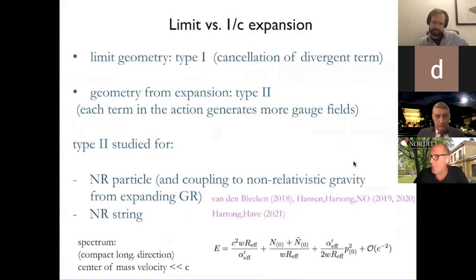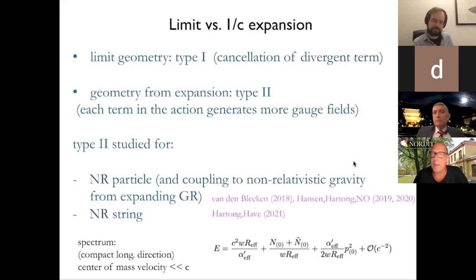For one thing, there are no massless states, but maybe that's not surprising. And you also need a certain non-zero amount of winding. This W is the winding around a compact longitudinal direction. R effective is the radius.